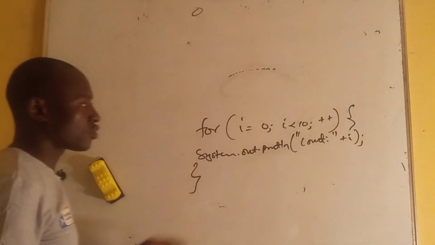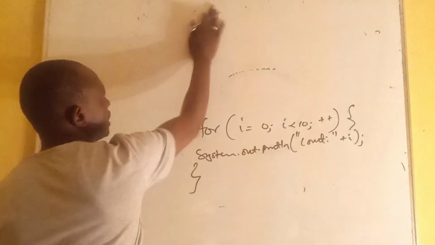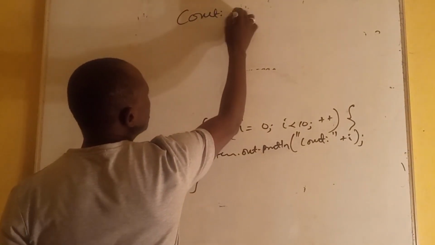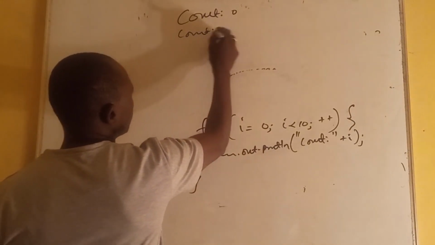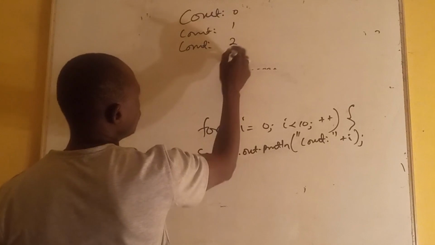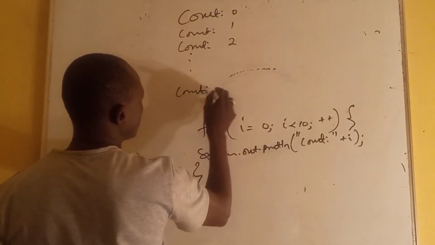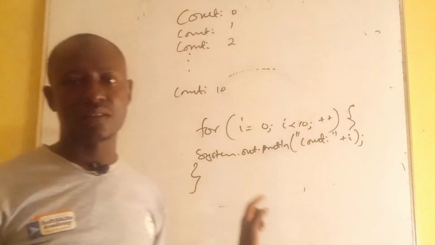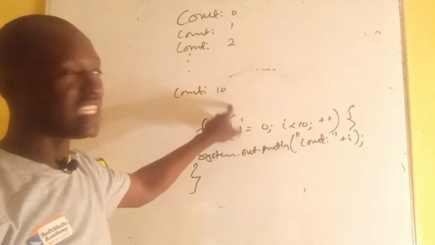So whenever it comes to this statement, it will print count 0. It will go back again and print count 1, count 2, continuing up to count 10. Once it reaches 10, then it will terminate. That's what this very for loop is doing here.